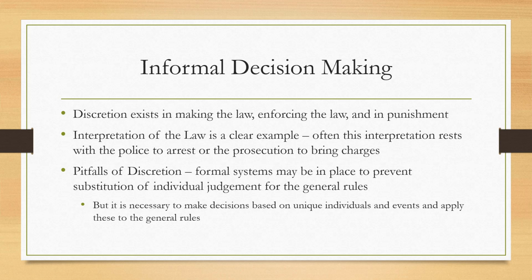Or would they simply decide not to prosecute, even for a death? So you do have to understand that every individual act, every individual is unique by their very nature. And you're going to have to apply general rules to individuals, which usually requires discretion.